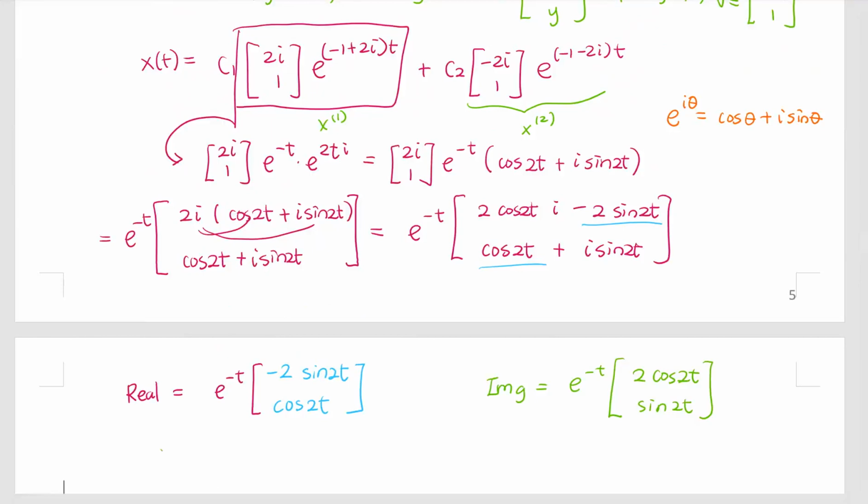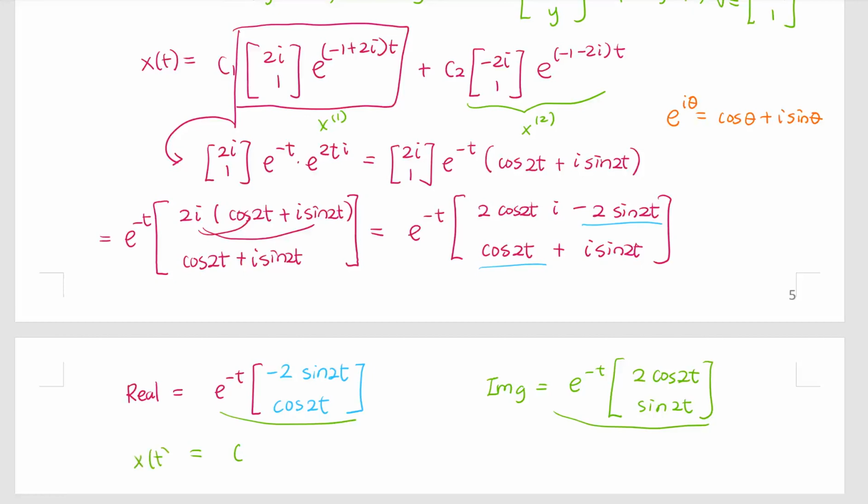So our first solution can be generated by this real part and this imaginary part. Furthermore, you will see our second solution can also be generated by this real part and this imaginary part. So that's why this guy is going to be our new linearly independent solution, which generates the solution space.